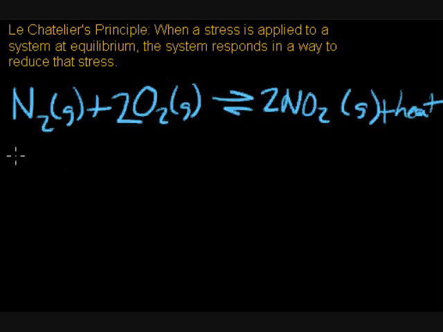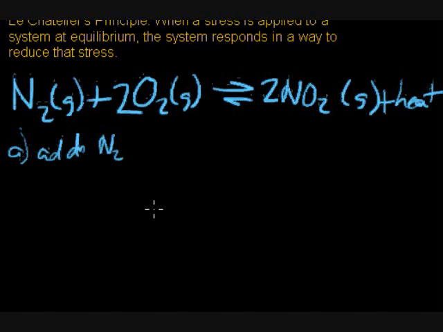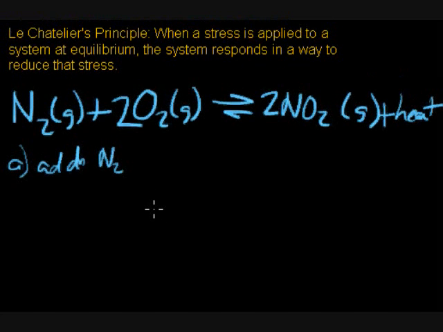So let's say in situation 1 we add some extra nitrogen. We're adding a reactant to this situation. What would that do to the reaction? How would this reaction respond in the presence of extra N2? If we added some extra N2, which is a reactant, the reaction will not be at equilibrium anymore. It won't be balanced anymore because we've added one of the reactants.